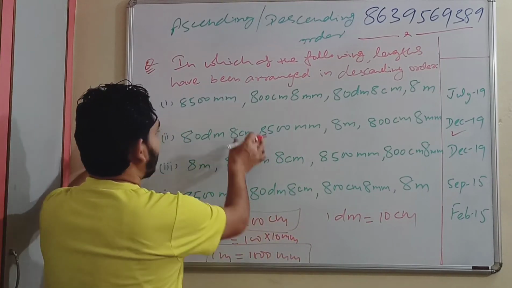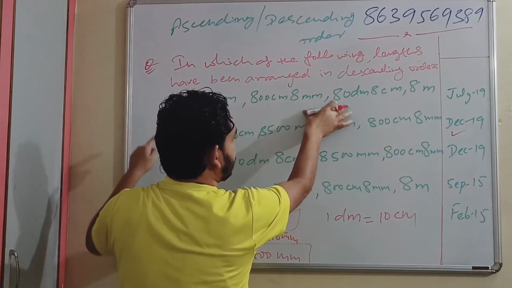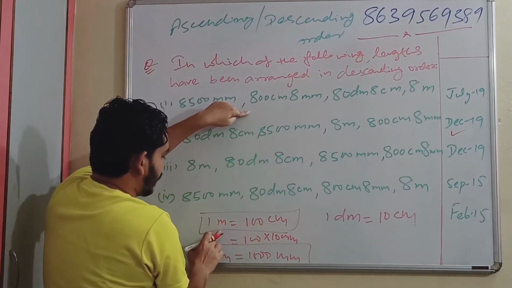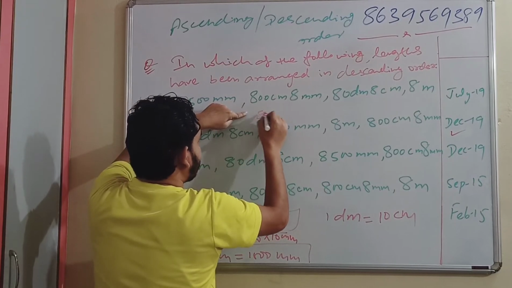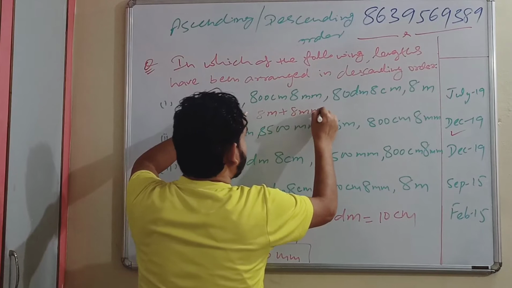Now coming to the second and third numbers, this is 800 centimeter. Now 1 meter is 100 centimeter, so 800 will be 8 meter, plus this 8 millimeter.